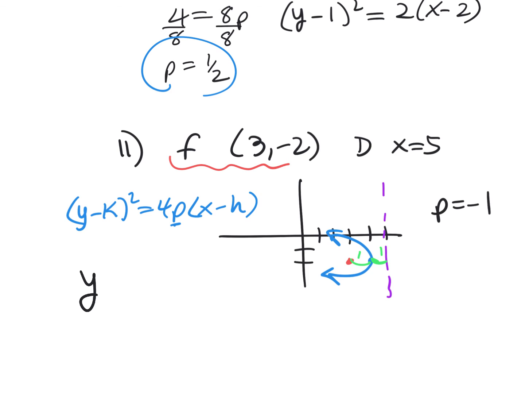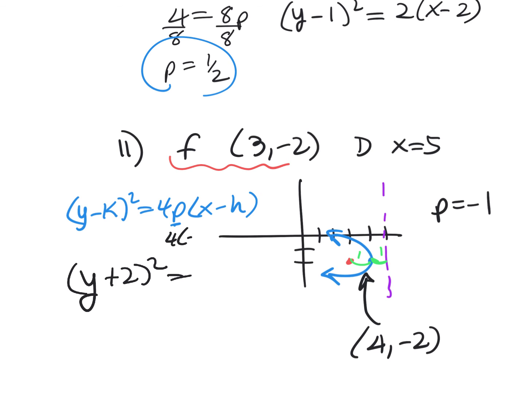For my k value, I had to figure out what this ordered pair is, and this is the ordered pair 4, -2. So my k value becomes negative, so +2. And then I'm going to do 4 times -1, so this becomes a -4. And then x minus h, and my h was 4. And I'm done.